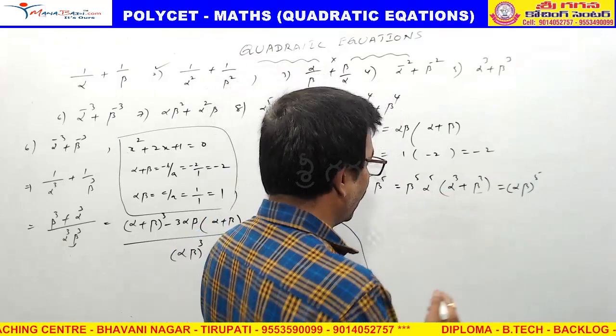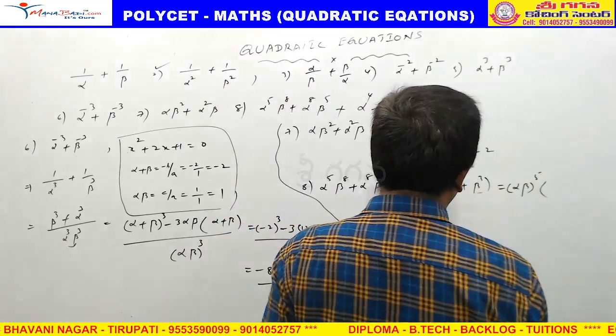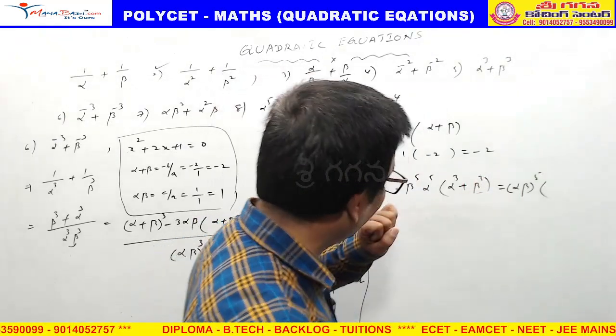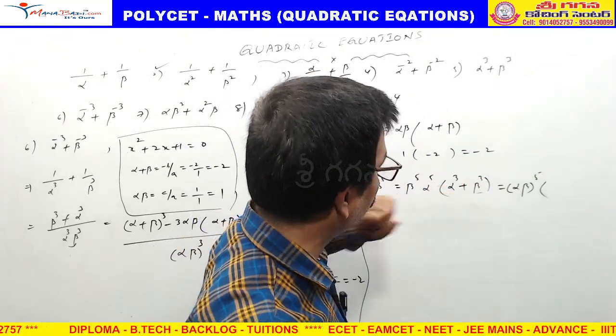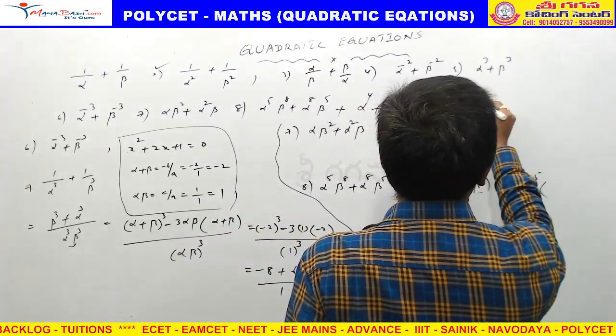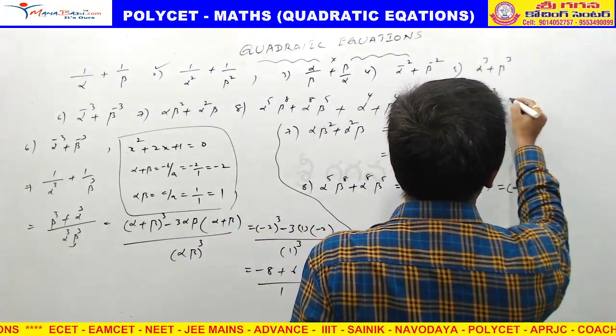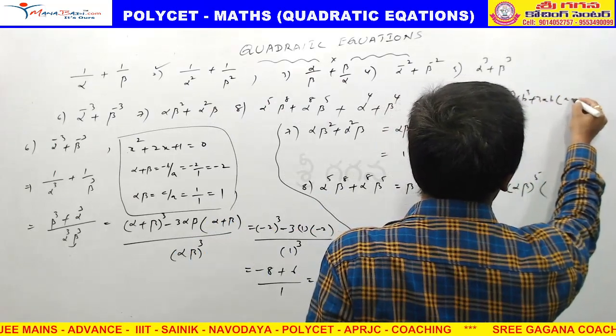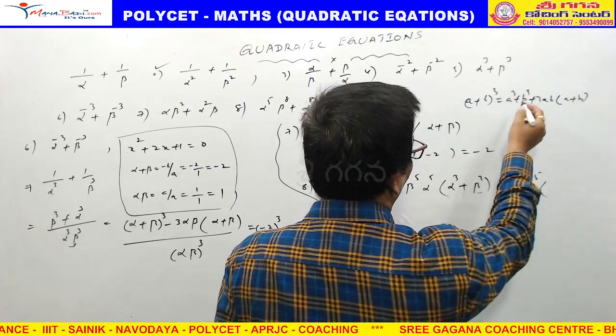Okay. Again, this is alpha cube plus beta cube. So we have to convert this using the formula in terms of alpha plus beta. Already I said clearly. Again I am writing here: a plus b whole cube equals a cube plus b cube plus 3ab into a plus b. So how to convert here?